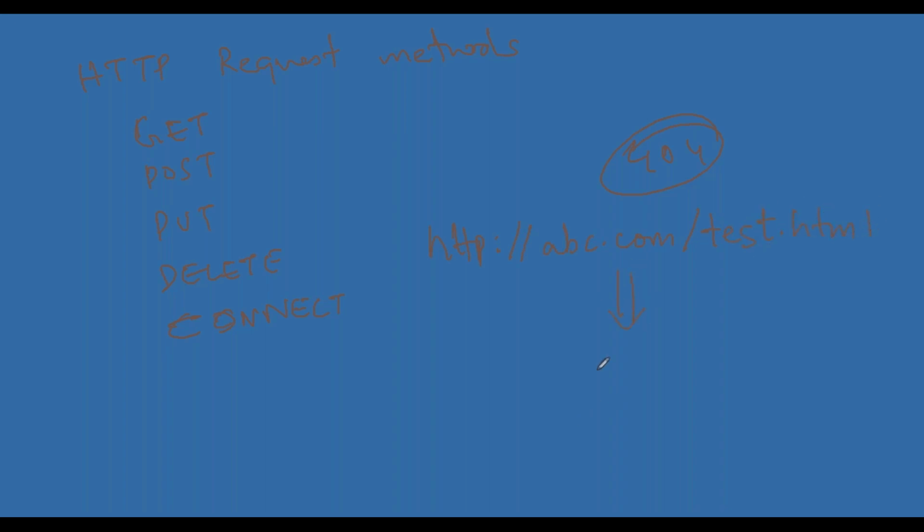This request goes to the web server, and the web server is trying to find this specific page or request object, but it does not have it. So in response, the web server will respond back with a status code of 404, which means request not found, telling the client that, boss, I don't know what you are trying to request.